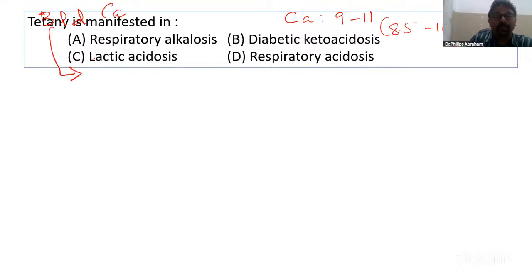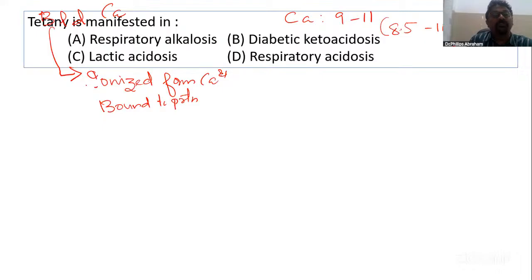As I said earlier, blood calcium of 9 to 11 or 8.5 to 10.5 exists in three forms. One, ionized form. The other is bound to protein, albumin. This is around 50%.